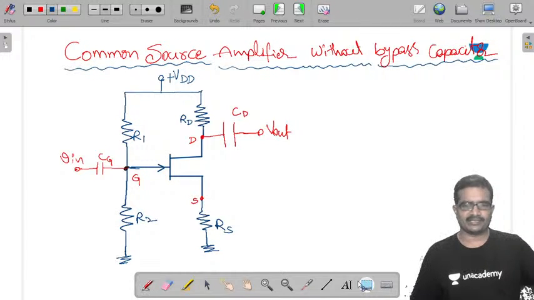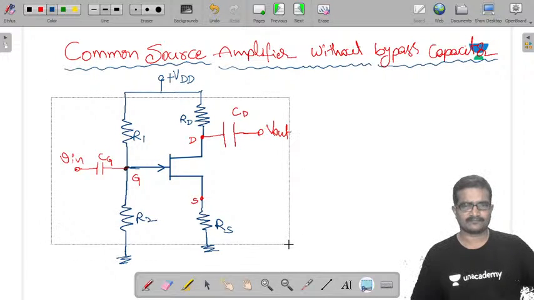Now to analyze this, we need to take the AC equivalent of this circuit.